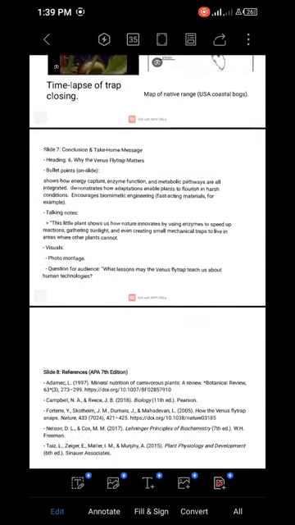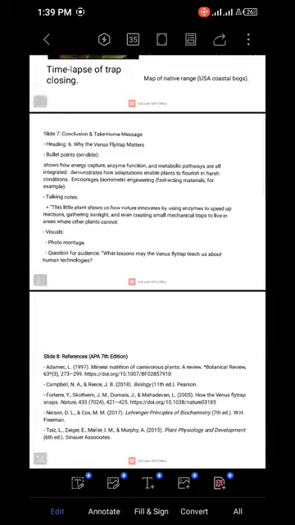Then we have slide 7, which has to do with the conclusion and take-home questions. You can see on the talking note, this little plant shows us how nature innovates by using enzymes to speed up reactions, gathering sunlight, and even creating small mechanical traps to live in areas where other plants cannot.